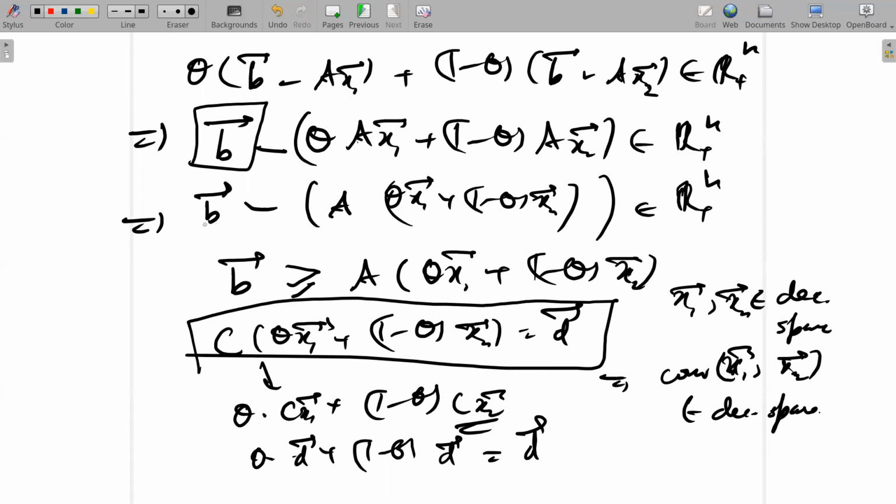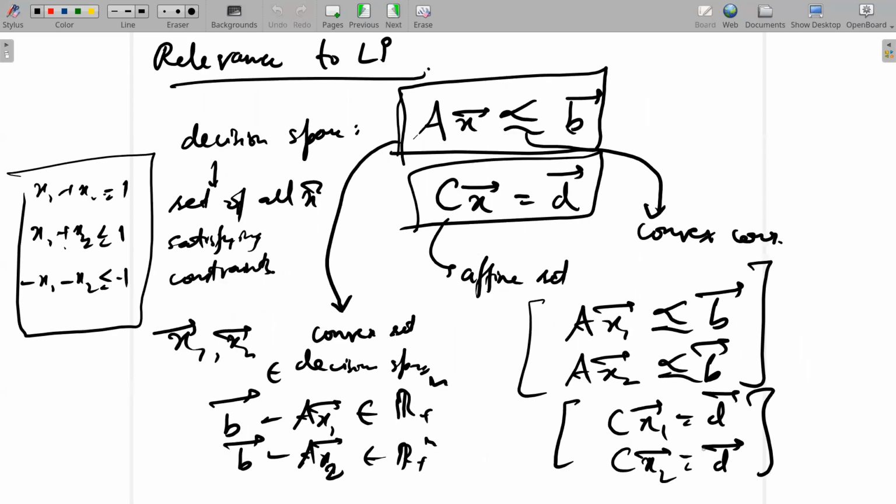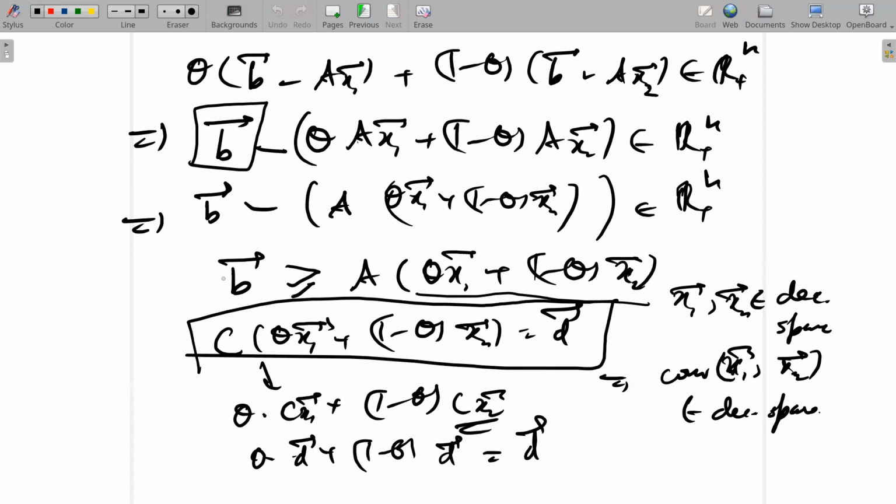Then what do we do? How can I conclude? I'll definitely conclude that theta 1 plus theta 2 times b is bigger than or equal to A times theta 1 x1 plus theta 2 x2. But that does not mean that this element will belong to my decision space, because there is a theta 1 plus theta 2 here, right? We could have divided by theta 1 plus theta 2. Then once you divide it, you get again the same form.